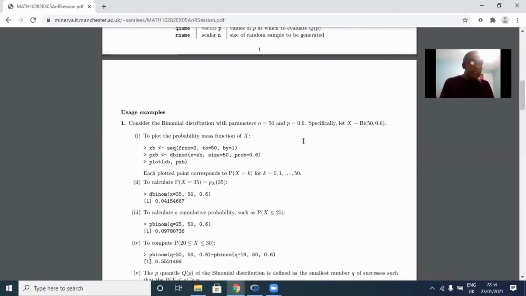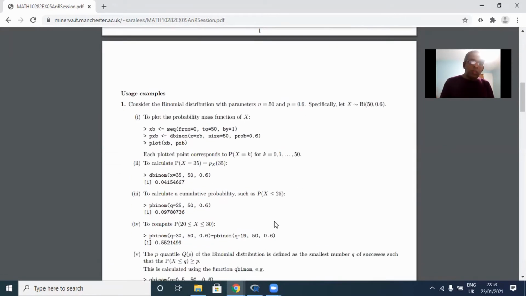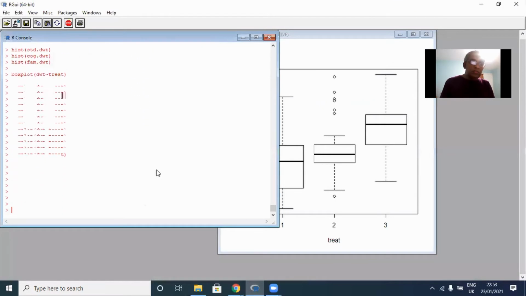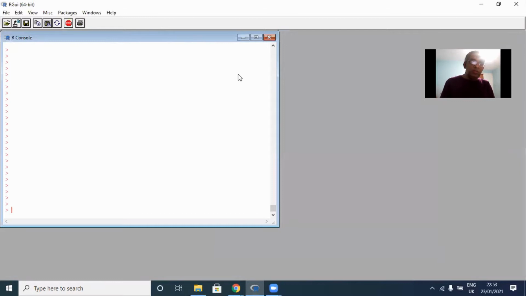So let's go to the next page, and let me open a new R session. Let me give you some examples.